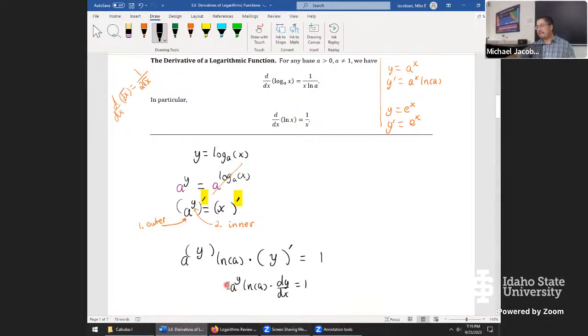You're just dividing by a to the power of y times natural log a. Let me just carry that up and do the division step here, so we're not scrolling and zooming out so often. dy/dx is now equal to 1 over a to the power of y times the natural log of a. And that's our derivative, except that doesn't look like that just yet, right?